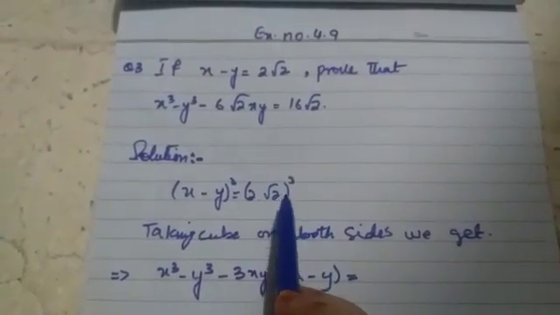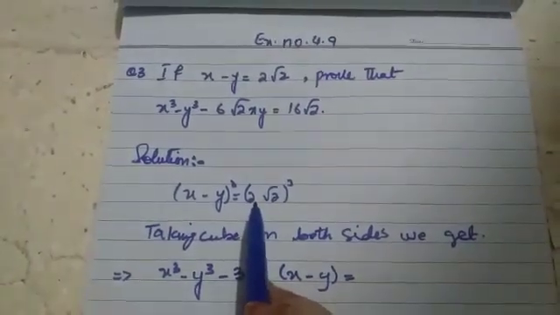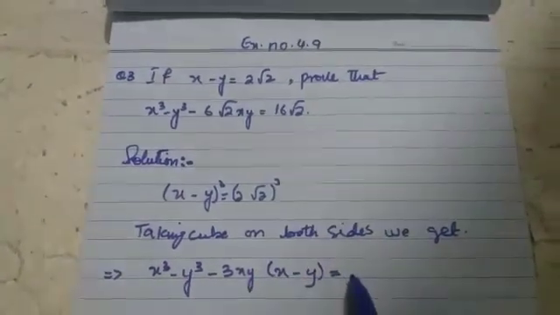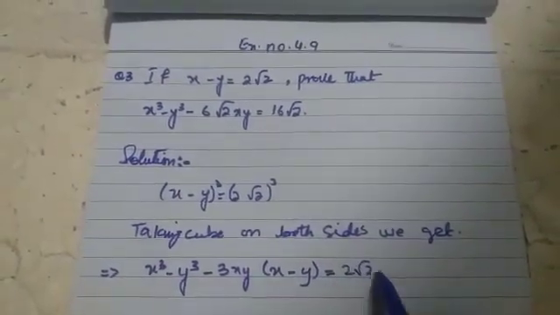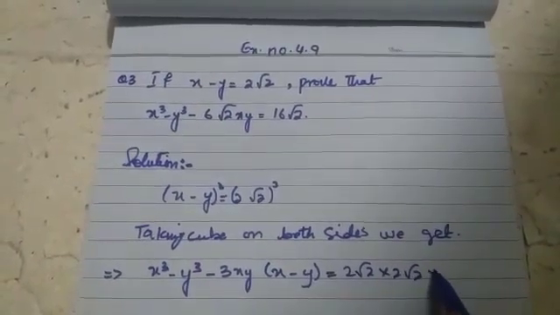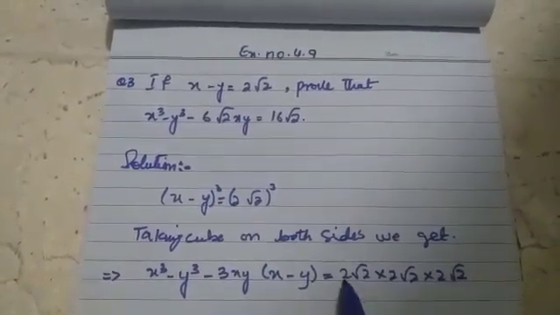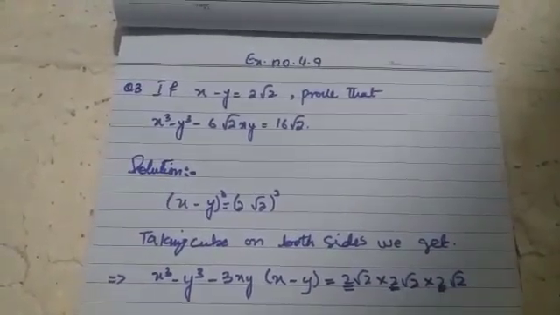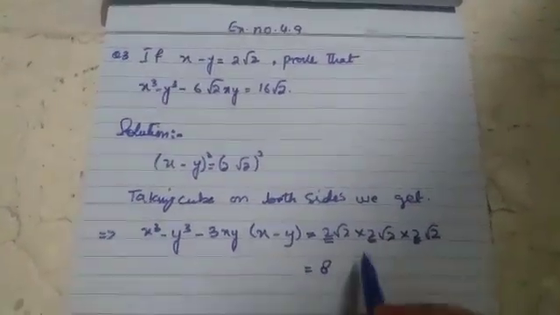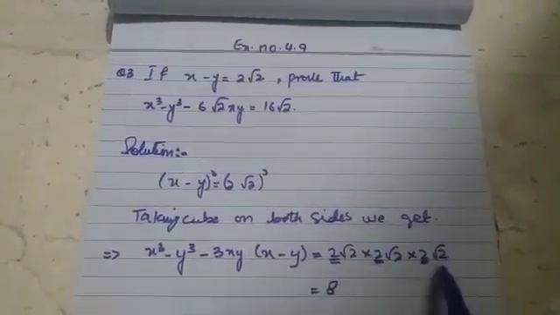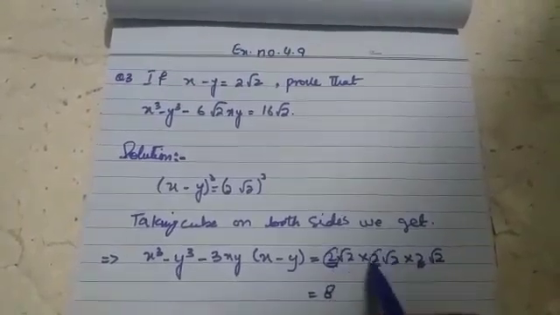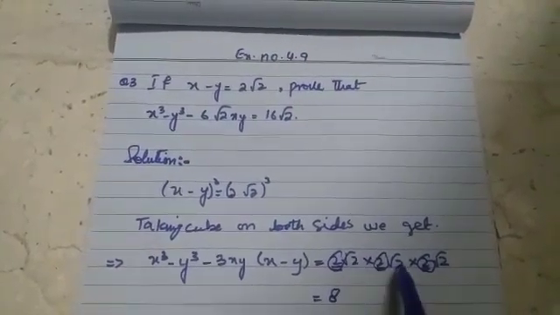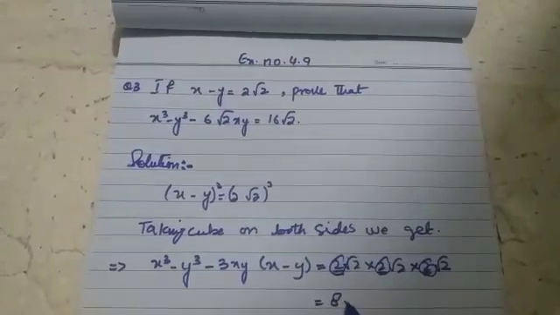Now 2 under root 2 is three times, means 2 is the quantity which is three times, and under the root 2 is also three times. So we can show this as 2 under root 2 into 2 under root 2 into 2 under root 2. Now whole 2s, 2 2s are 4 and 4 2s are 8. Because of these three 2s we are getting 8 over here. Now under root we have 3 quantities as 2.